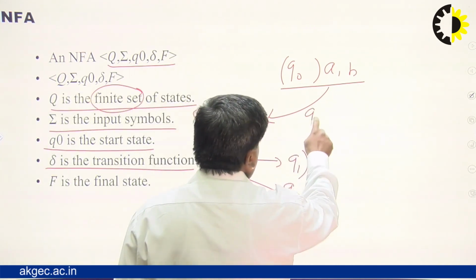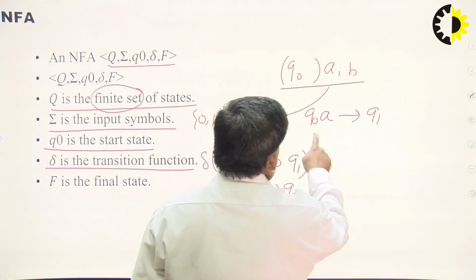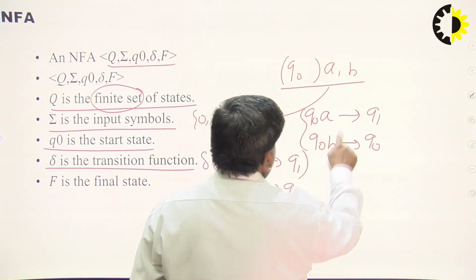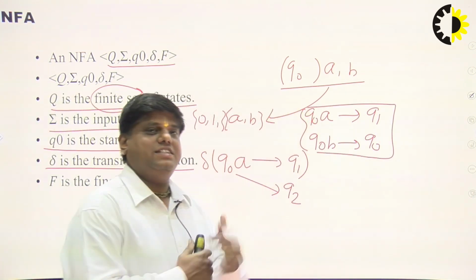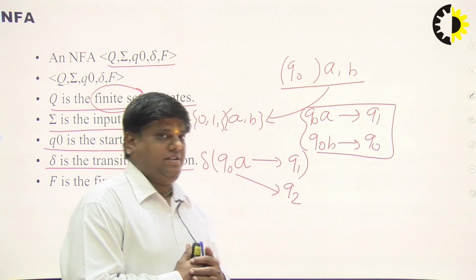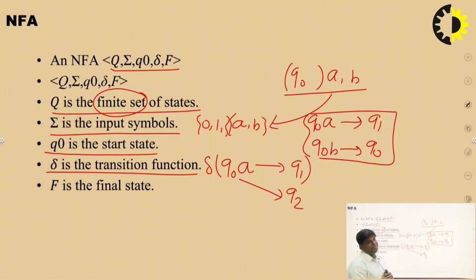It means for Q0 the A transition is available and for Q0 the B transition is available. If such transitions are available, then that is known as a deterministic finite automata. But an NFA is an incomplete machine.